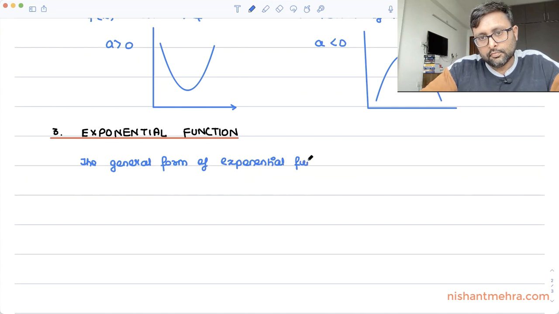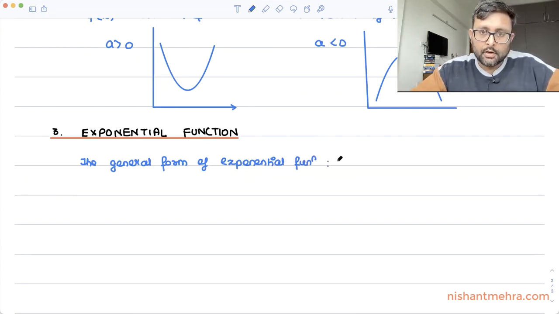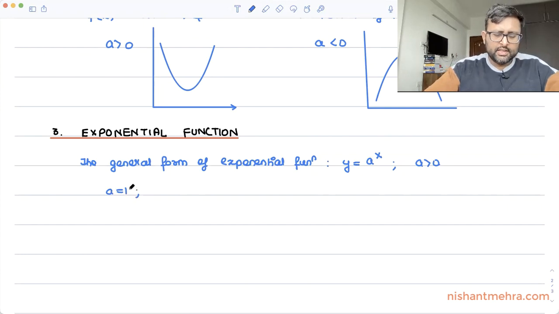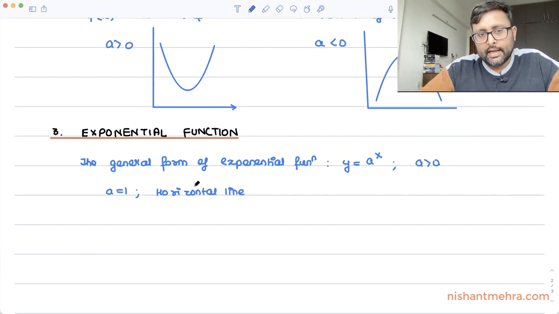The general form of the exponential function is y is equal to a to the power x, where a is greater than 0. But if a is equal to 1, then it is just a horizontal line at y equals 1.